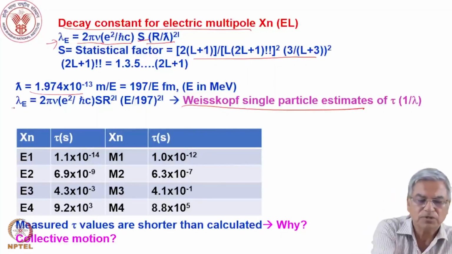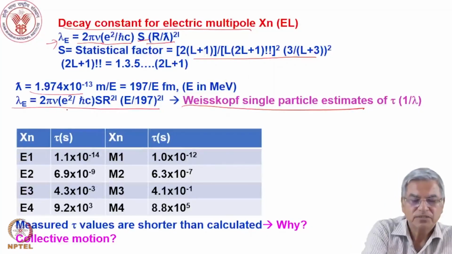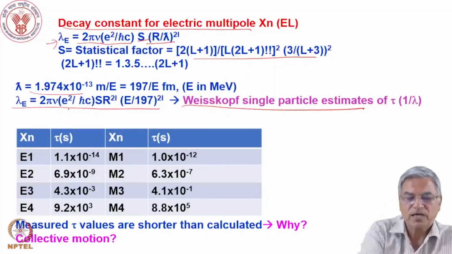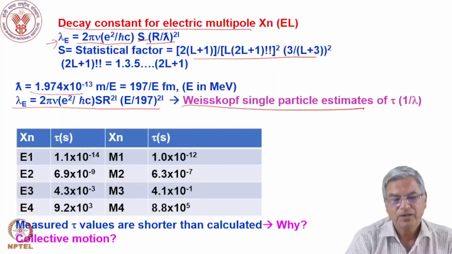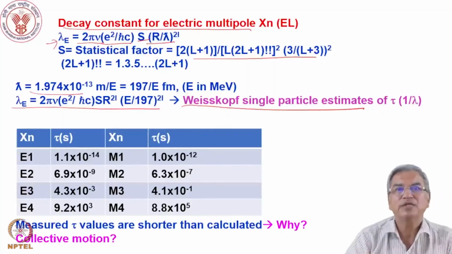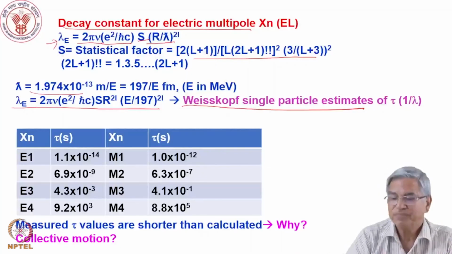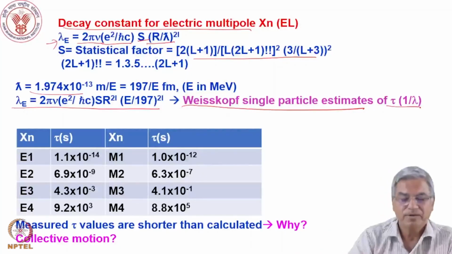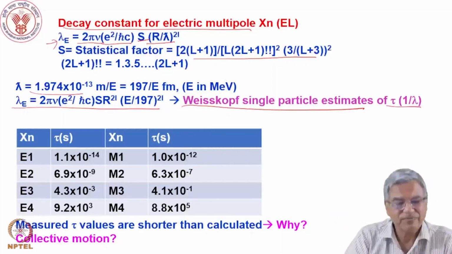So the decay constant becomes this formula, 2πe² upon ħc, times S, times (RE/197) to the power 2L. From this lambda value we can calculate the half-life or the lifetime. 1/lambda is the lifetime, because for excited states normally instead of half-life we say lifetime.